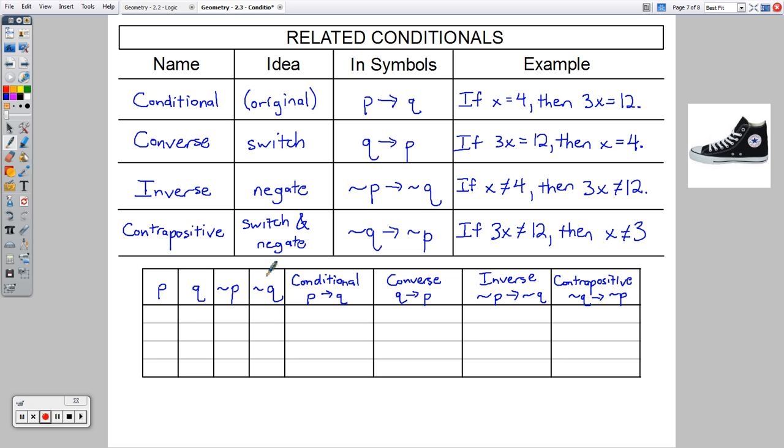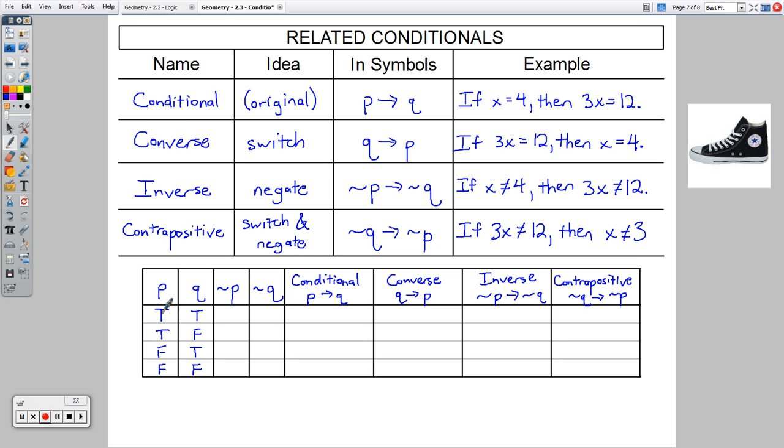So filling out a truth table for these four related conditional statements. So we have our combinations from before. We have true, true, false, false, and true, false, true, false. That gets me all the possibilities, those four possibilities.